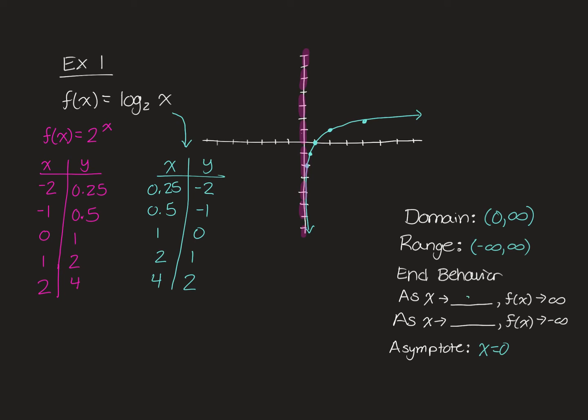That is whenever x goes to infinity. Now we need to figure out, as x goes to blank, f of x goes to negative infinity. Where does my graph drop off the face of the earth? As we get closer to this asymptote here, my graph will drop off the face of the earth. So as x goes to 0, f of x is going to negative infinity.